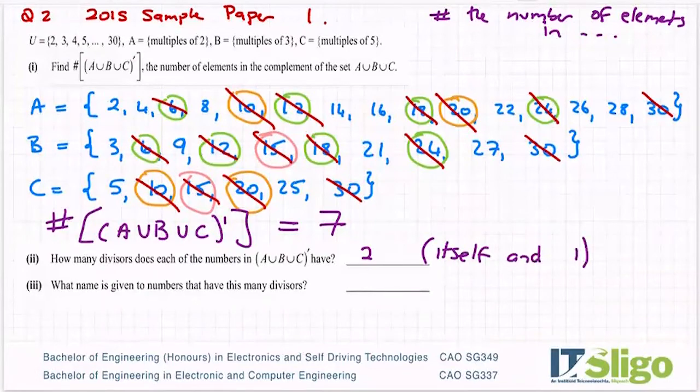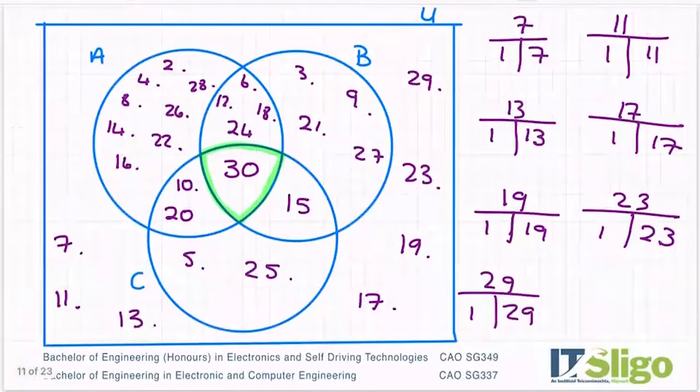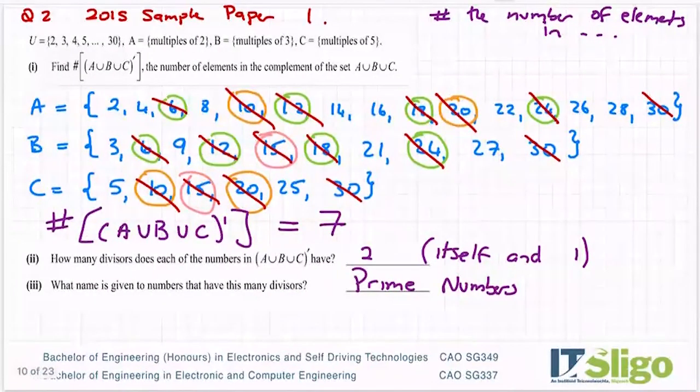What name is given to numbers that have this many divisors? Well, these are of course the set of prime numbers. They have no factors, only themselves and 1. This is why they weren't multiples of 2, 3, or 5. So a little bit of revision of number systems here as well as sets.